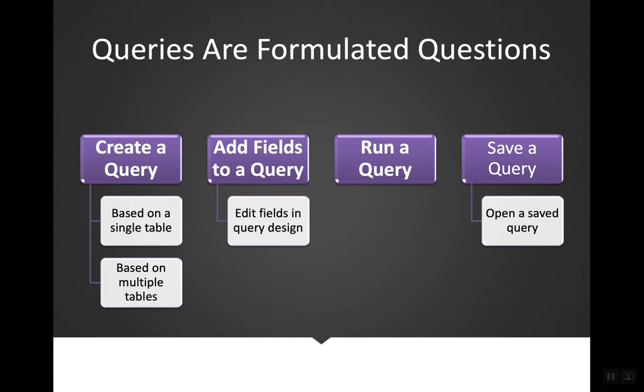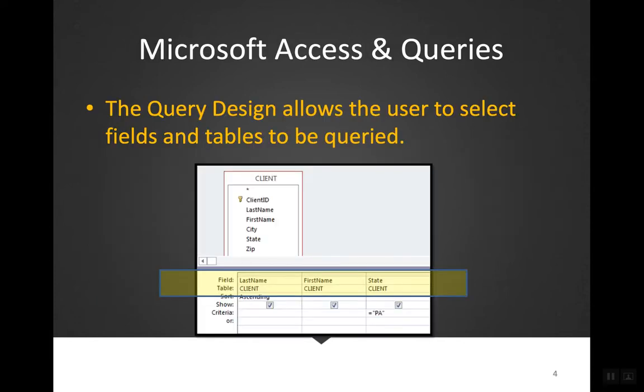There are a couple of different techniques which have been developed around Access. Access has adopted something called QBE. Query design is based on a model called QBE, query by example, where you basically draw a picture of what you want the query to look like, and then it can be executed.